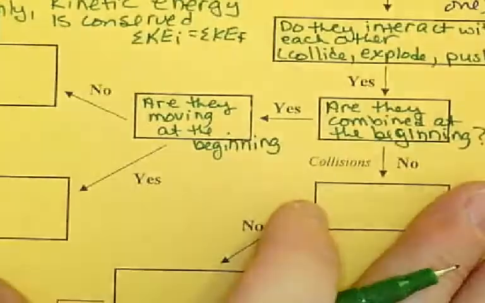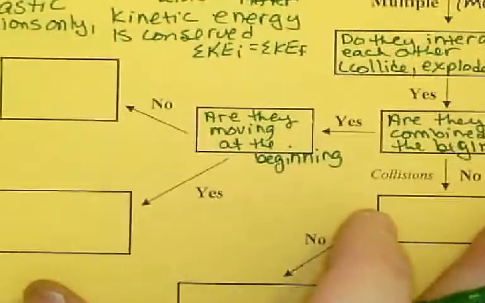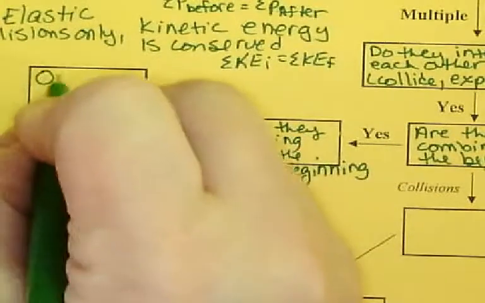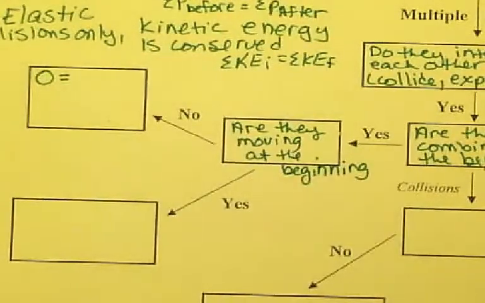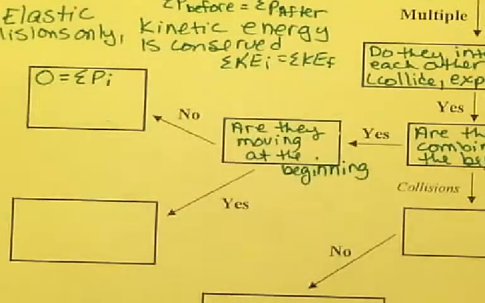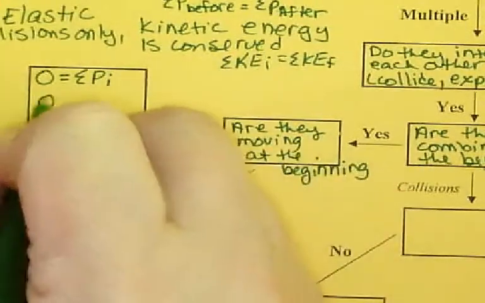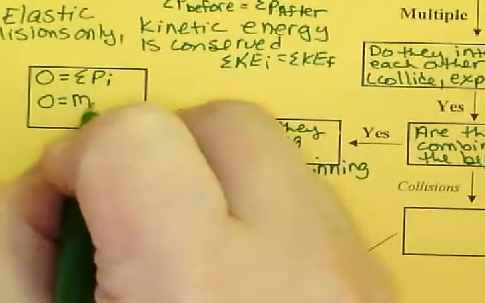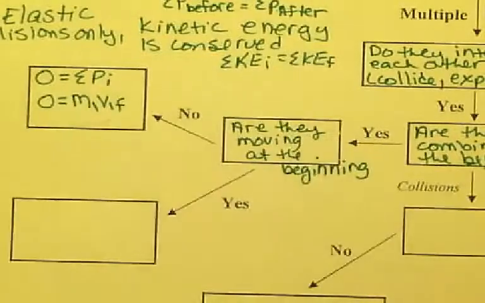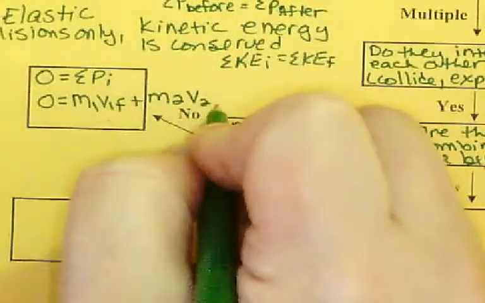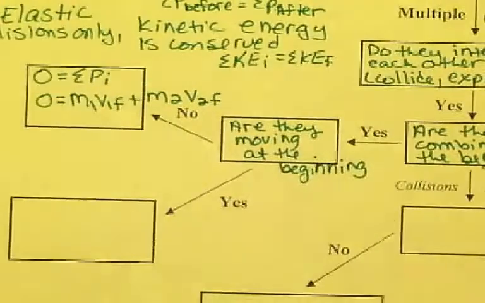So if they're moving at the beginning, we have a different equation than if they're not moving. If they're not moving at the beginning, then the total momentum is equal to 0 initially. We did this equation last time for the explosion type of collision, where we said they have to have equal momentums, but in opposite directions, in order for them to add up to 0.